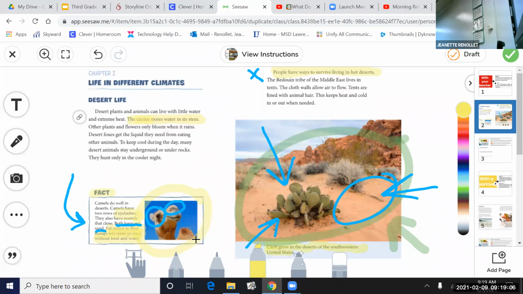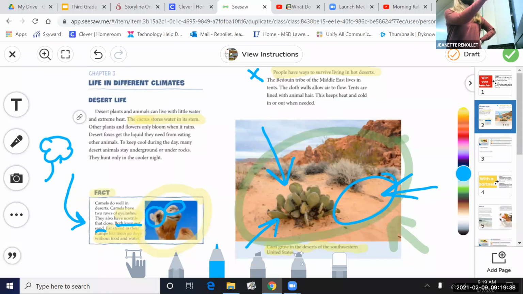Okay, something I noticed was about other plants. Let's go back to our section about plants. There are cacti in the desert, but there's also other types of plants and vegetation. The other day, we read about trees that have long roots.